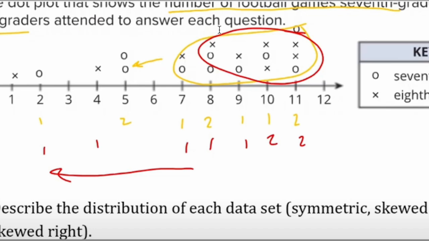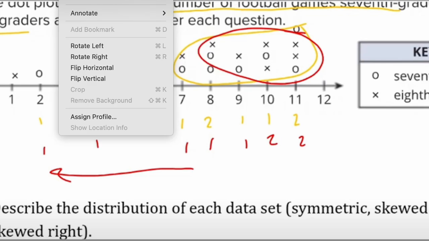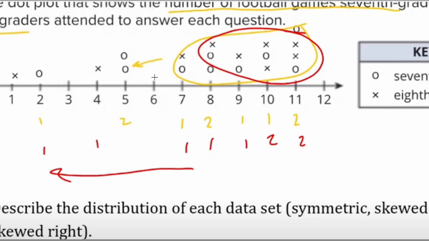We do have the majority of our data here for both the 7th and 8th graders, but these lower items down here are going to pull the sum of all the values back toward the left. So this is skewed to the left because a few data points are pulling in this direction. As far as what we write, let me grab my text tool here. We would just write: both are skewed to the left.